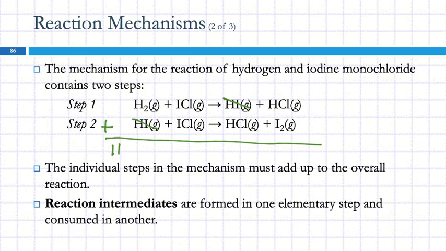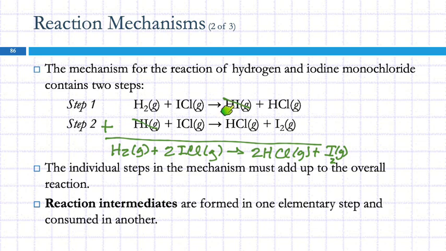And then we've got H2 gas on the left and 2 ICl gas. And then over on the right, we've got 2 HCl and 1 I2. Almost forgot the 2. See how those add up? We did do stuff like that in 1A.